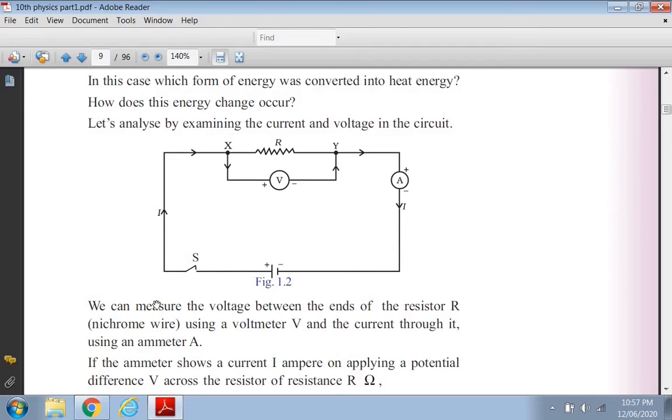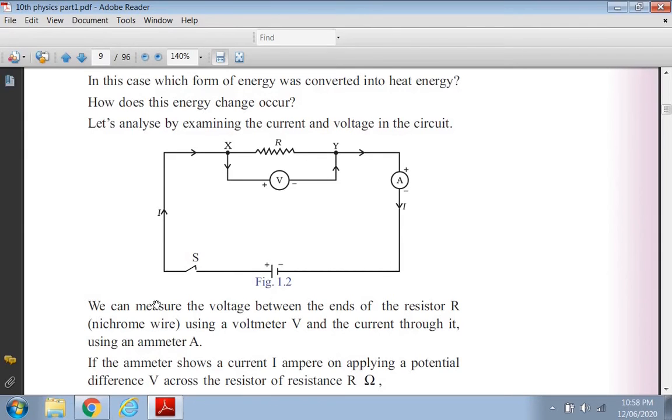Here, that work done is our potential difference V. To constitute the current, the charges have to be moved from one point to another, and that work is done by the potential difference V.